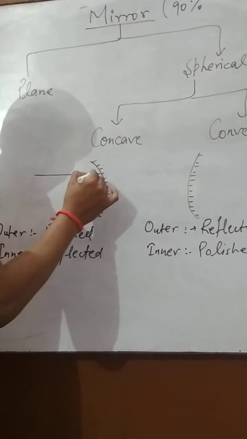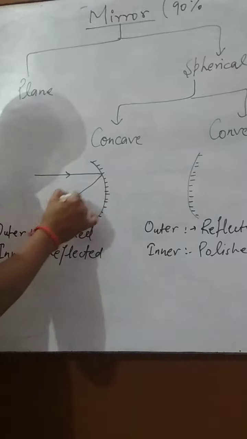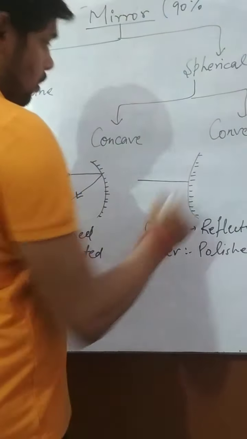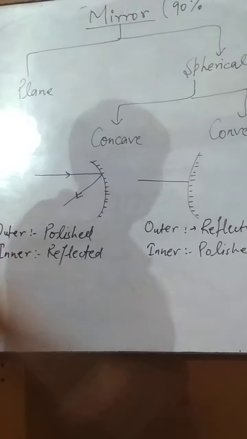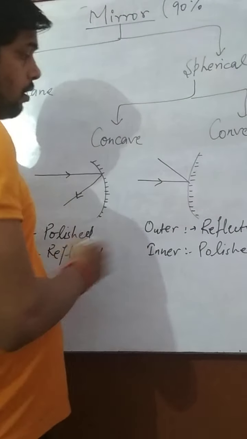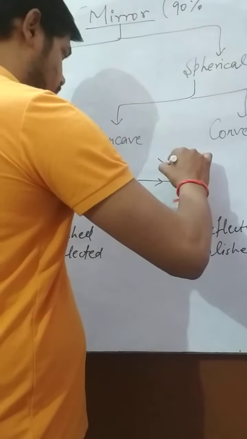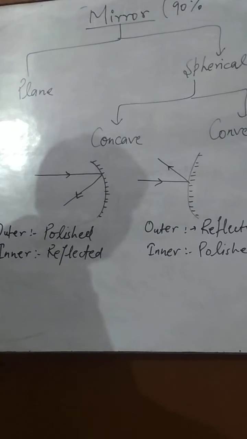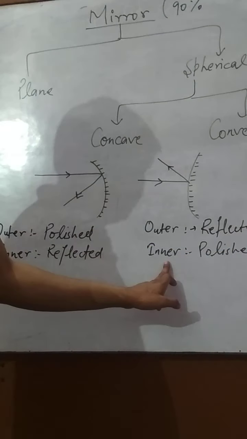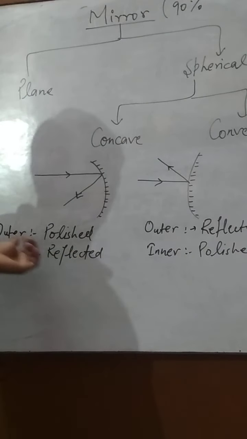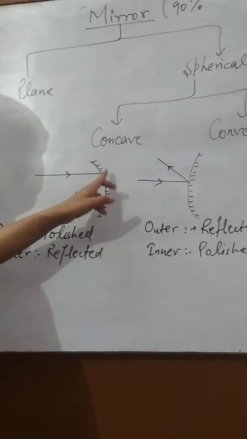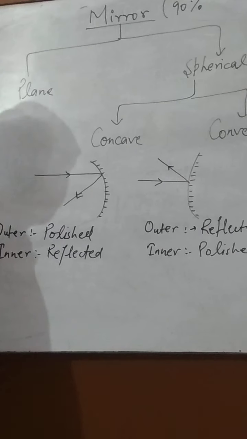If the light beam comes like this, it will be reflected in this form. In a convex mirror, if the light beam is incident on the mirror, it will be reflected in this way. The outer surface is reflecting and the inner is polished. By this simple way you can identify your mirrors.